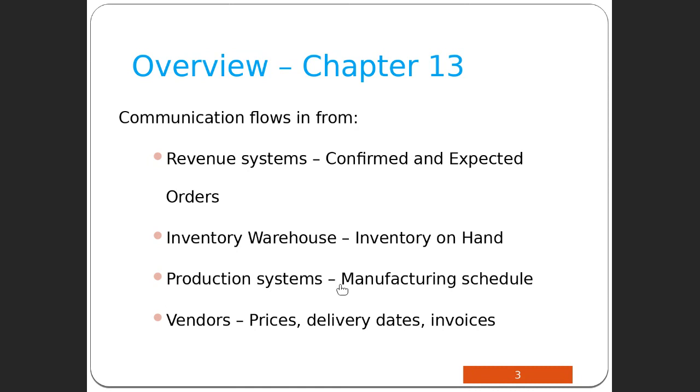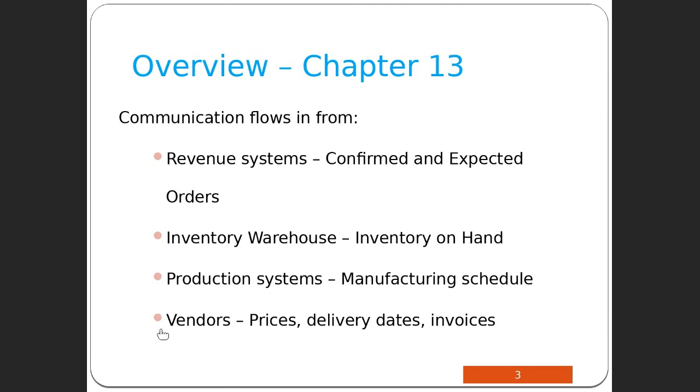Then we have the production systems. If the company is a manufacturing company, the expenditure cycle needs to know the manufacturing schedule so that they can order the raw materials inventory based on how many goods are going to be manufactured.